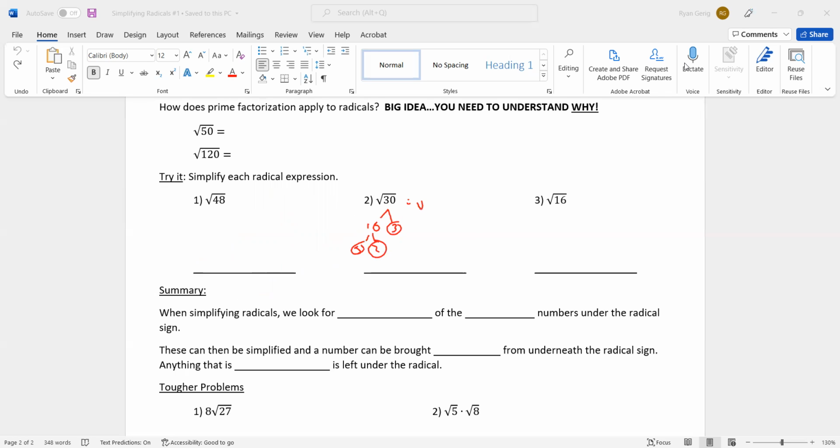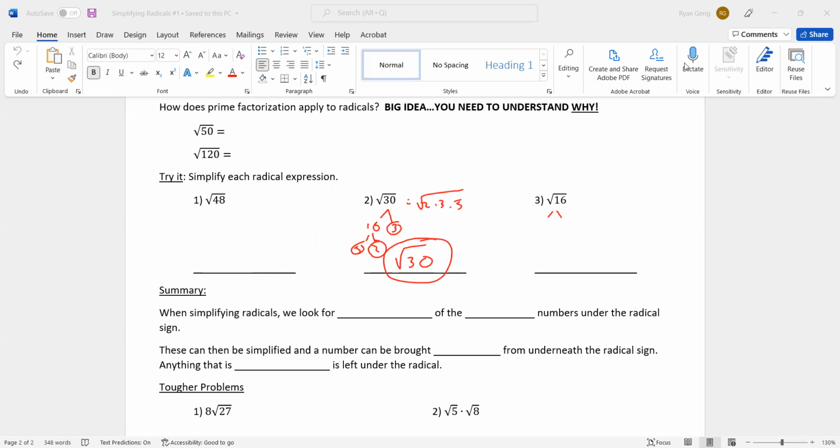So I have 2, 3, and 5, right? Well, what happens here? I don't have any that I can make an exponent of 2 with. If that happens, you just multiply them all back together. That one was as simple as it could go. You couldn't break 30 down anymore.